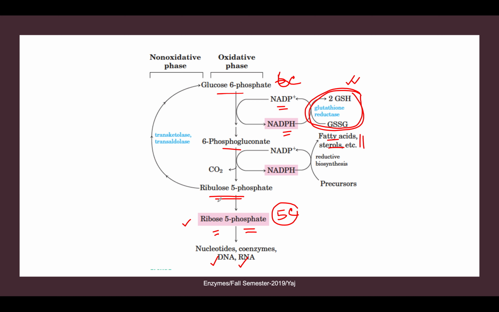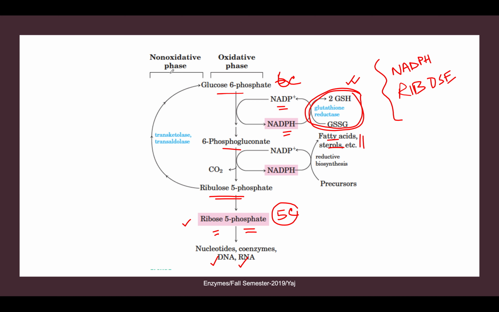So two important metabolites that we should focus on when we are studying the pentose phosphate pathway is the generation of NADPH and the generation of ribose. So these are the two important functions of the pentose phosphate pathway.